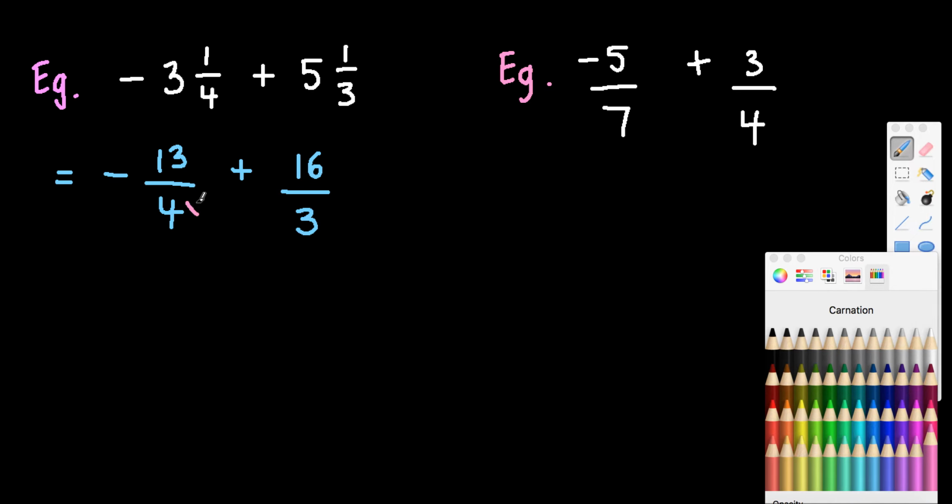So I can times this one by 3 and that by 3. This one I'm going to have to multiply by 4 and that one by 4. So my numbers end up being a lot bigger this way. However, when you're subtracting, it's good to get them into improper first. So I quite like this method.